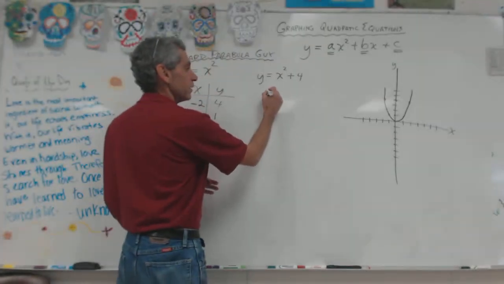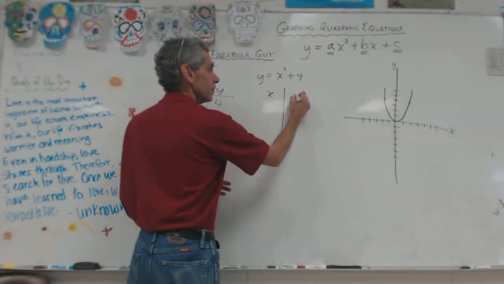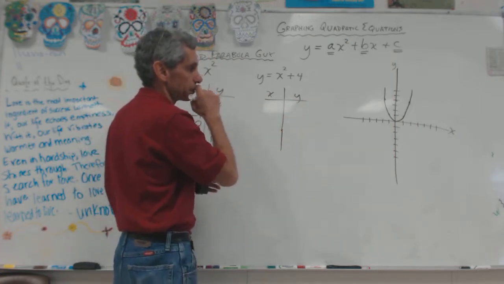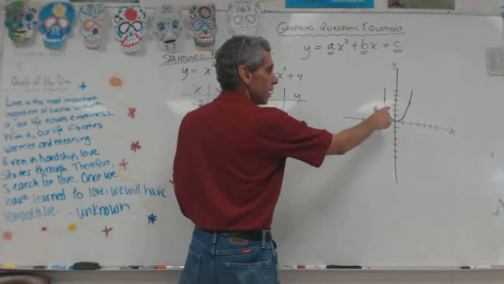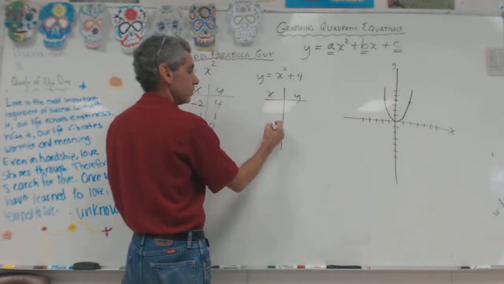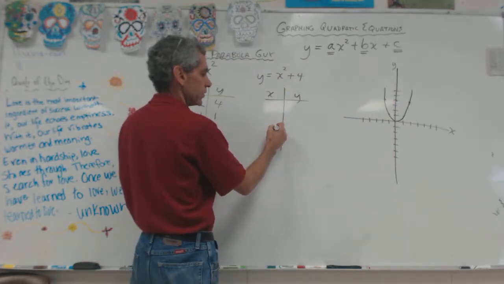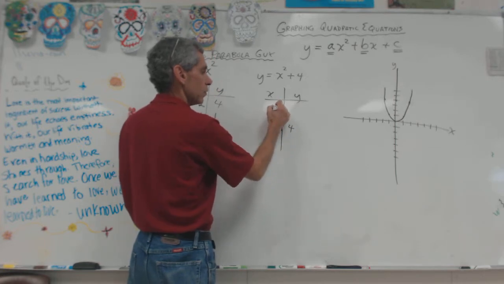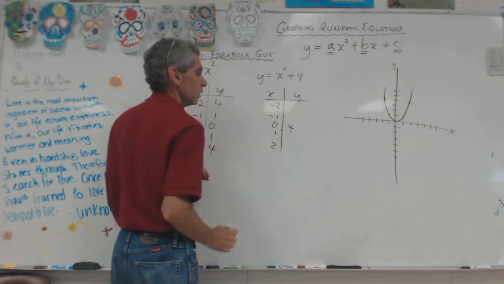Okay, so now let's do a t-chart first. I just want to show you this. I know it's going to intercept the y-axis at 4. So I'm going to do that. So if x is 0, y is 4. If x is -1, -2, 1, 2.